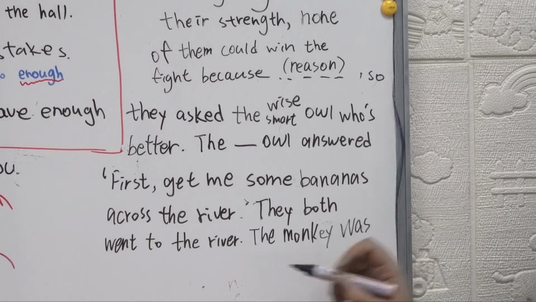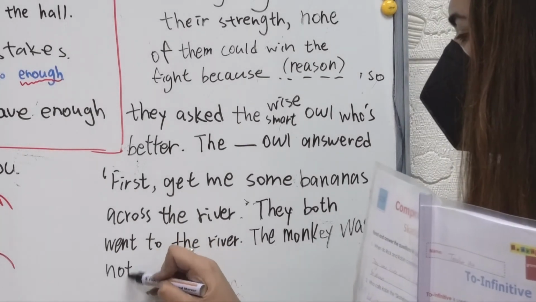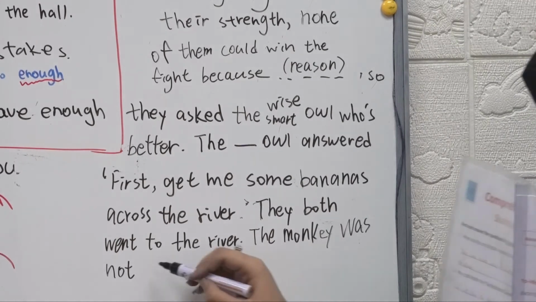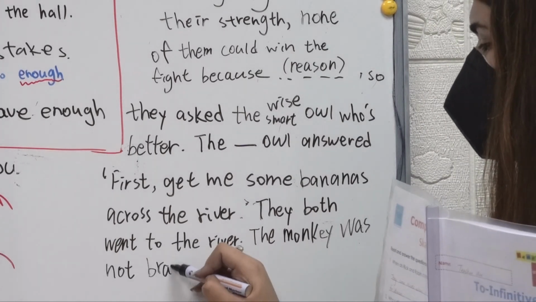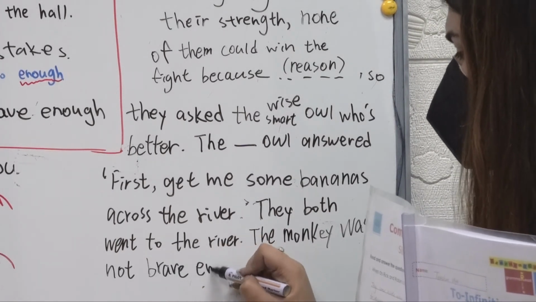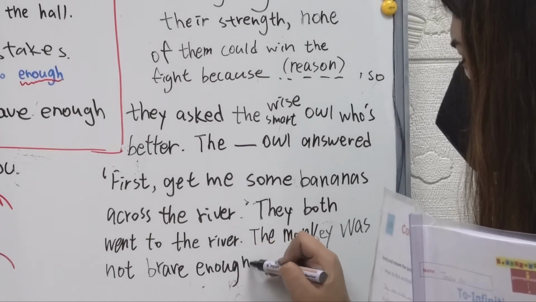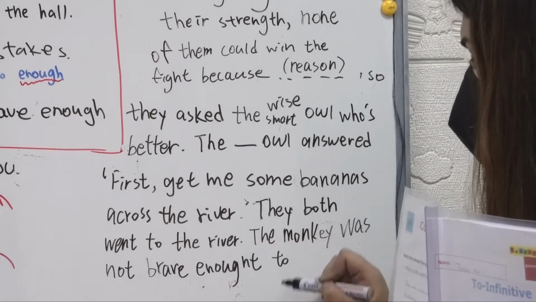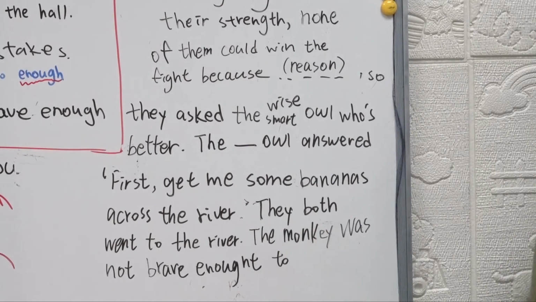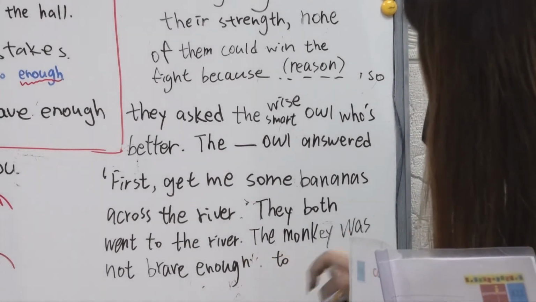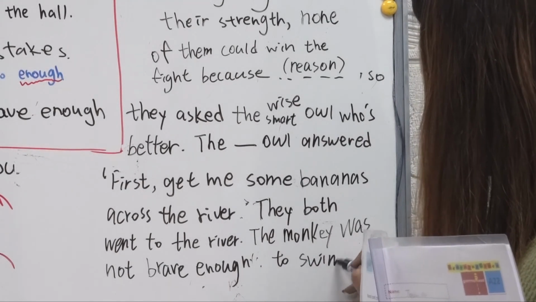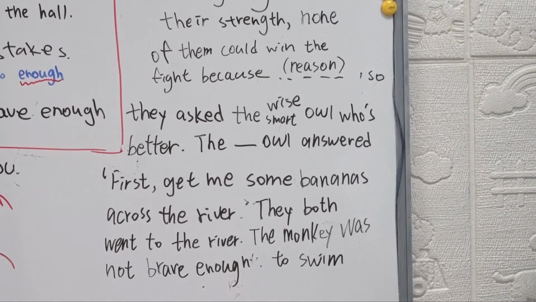Was not. And then you may use the stuff we have learned. Brave, adjective, brave enough to what? What was he doing? He wasn't brave enough to swim. Yes, he wasn't brave enough to swim.